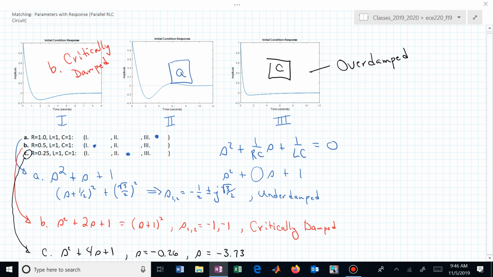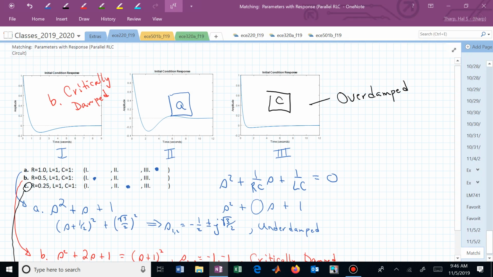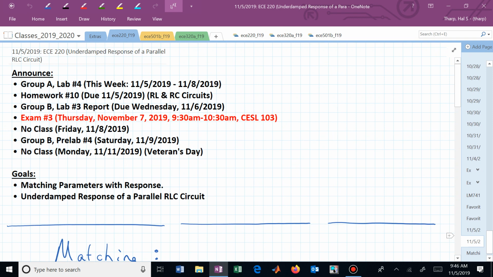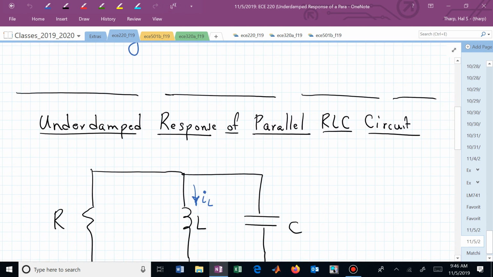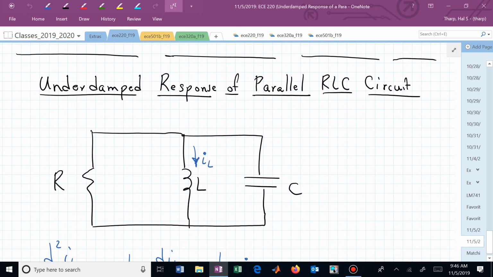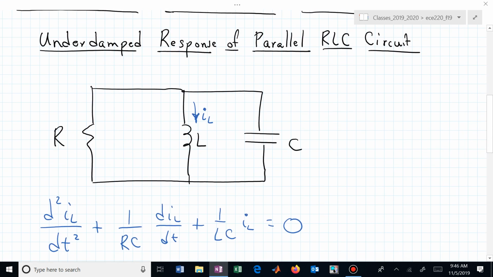All right, those are some of the thoughts I want floating around in your head as we are performing this discussion, or basically derivation, of what's happening with the underdamped response of a parallel RLC circuit. We have this circuit. All of our circuit elements, R, L, and C, are in parallel.